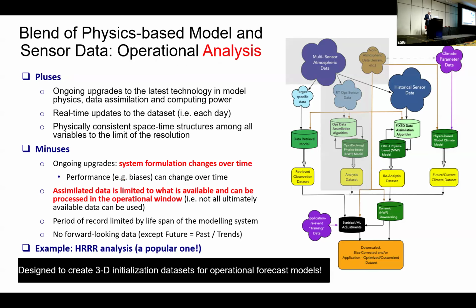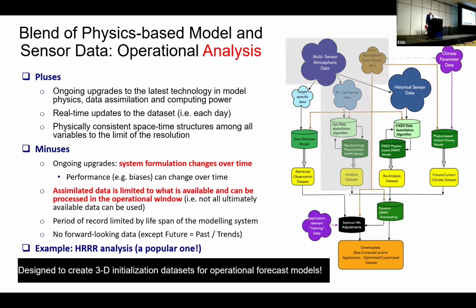So now we move into an area where we blend models with observations, and these are probably the most popular data sets, and they're constrained to historical applications because you have to have observations in order to blend observations and model. So there's two main types here.